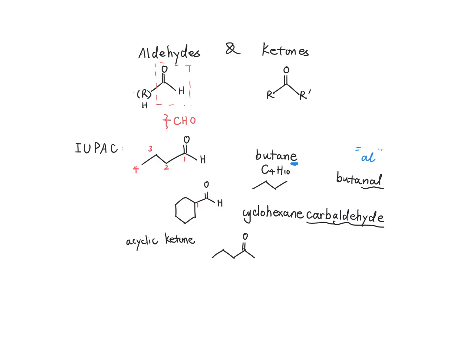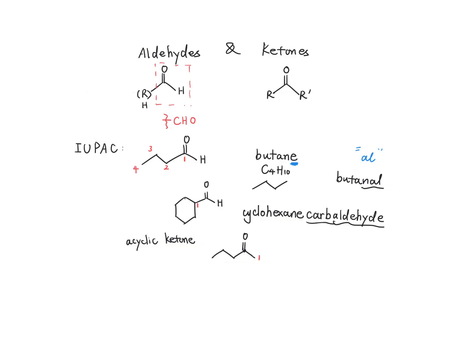For the acyclic ketone, the first thing is to see how long the carbon chain is that includes the sp2 carbon, which belongs to the carbonyl carbon. Which is this carbon right here. In this carbon chain, what we have here is 5 carbons, and we want to give that carbon-oxygen double bond carbon the lowest locant possible.